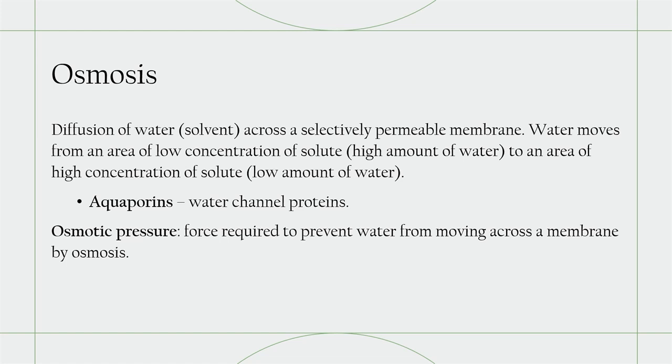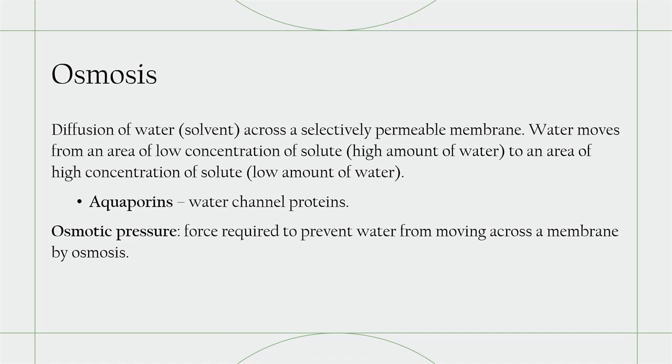Well, then you just move the water and you balance out the water concentration on either side of that membrane, right? So water will always move from an area of low concentration of itself to a high concentration, right? So high to low, high amount of water to low amount of water.